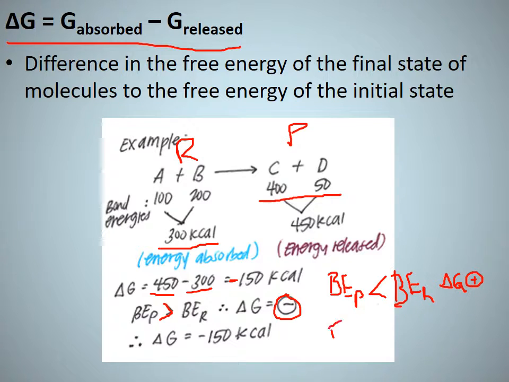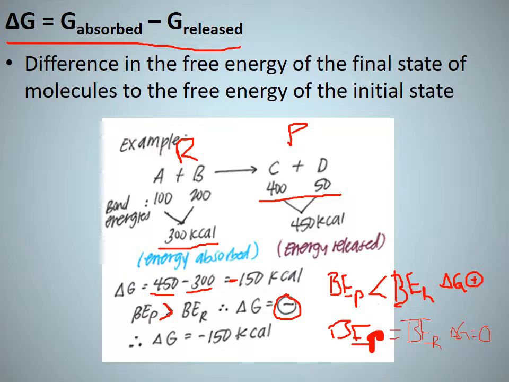All right, and if we take a look here, bond energy of the products equals the bond energy of the reactants, then delta G is 0, okay, because the chemical reaction did not occur.